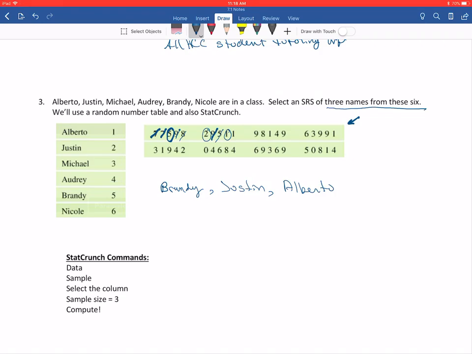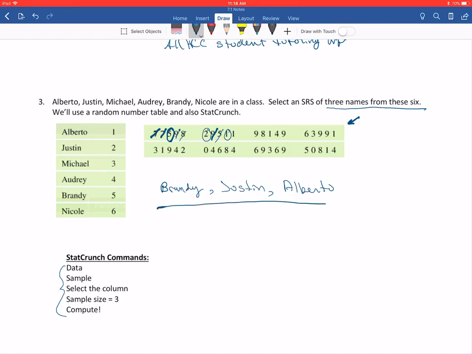Now, I'm not going to show how to do it in this video, but it's very simple. If you want to randomly choose numbers in StatCrunch, you can use these steps right here. So you would just type your numbers 1 through 6 in, and then go through these steps and have it pick 3 of them randomly. Every time you do a simulation, you can expect slightly different results, right?